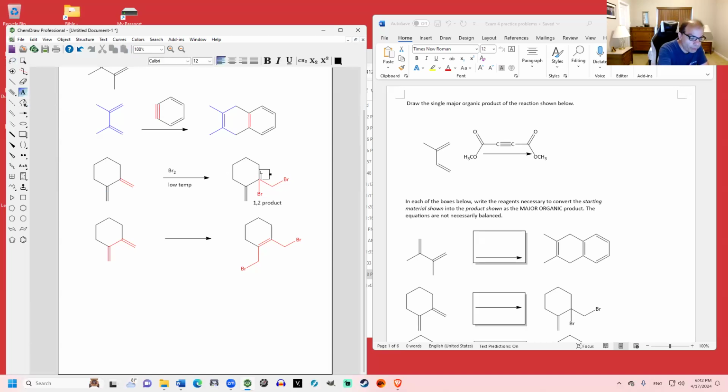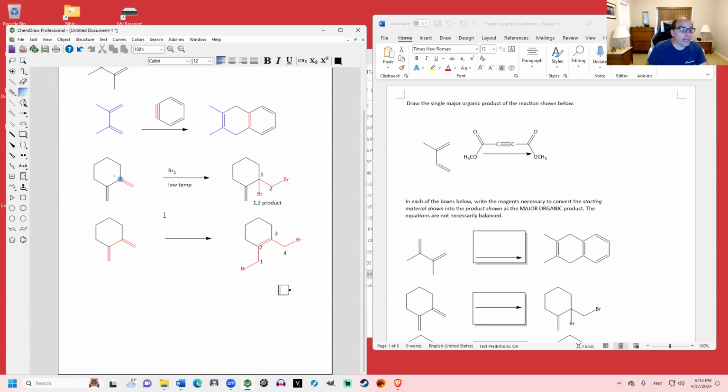We know the first one's the 1,2 product because the two carbons that have the bromines on them are right next to each other. In this case, the two carbons that have the bromines on them are in a 1,4 relationship to each other. See how they're on carbons 1 and 4. And the double bond is migrated just like it always does. That's part of the mechanism.